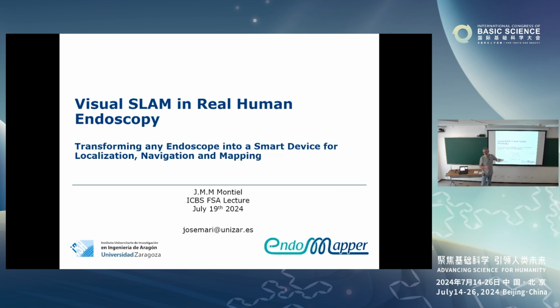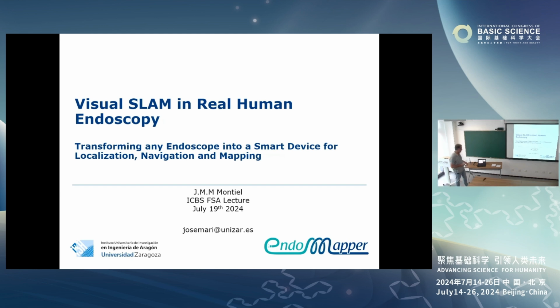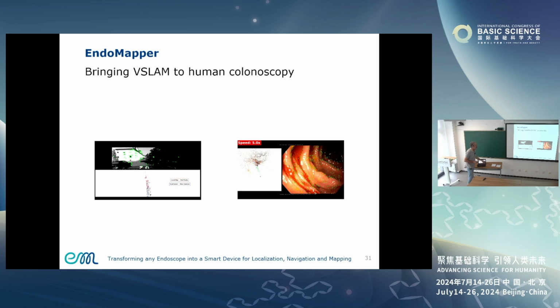Now I am going to move to a recent research that we are doing. This SLAM system works well in, let's say, robotic scenes, but now we intend to be a bit more ambitious. Instead of processing outdoor or indoor environments, we would like to make maps in medical imaging.